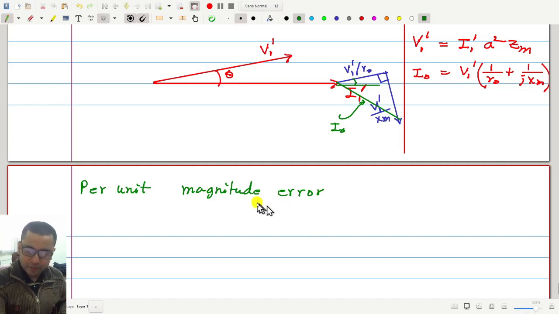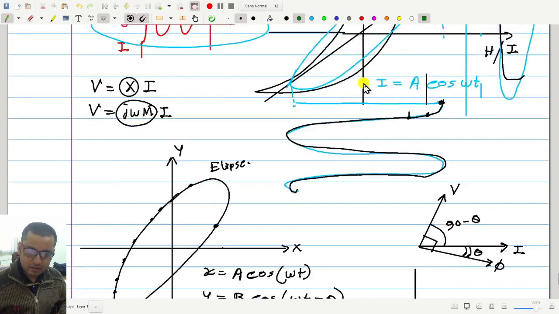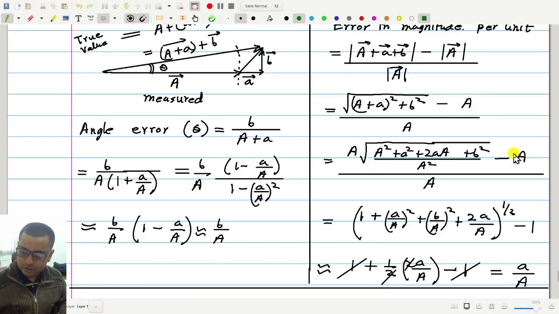Who can tell me how much is the error? We have to take which component? Horizontal component. See, once again, go back. We have to find the component of the difference in the horizontal direction divided by the capital A. Okay?